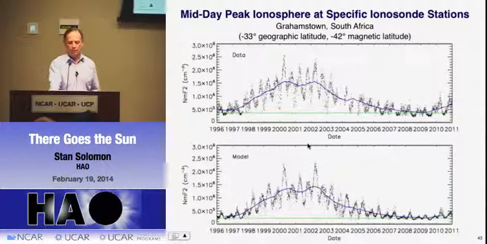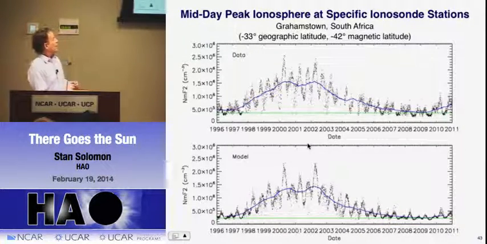So we wanted to do some of our own analysis of this. This is work done by Alan Burns, analyzing data from a selection of ionosondes. The measurement with a 365-day running mean and the model, and a line to connect the two solar minima.